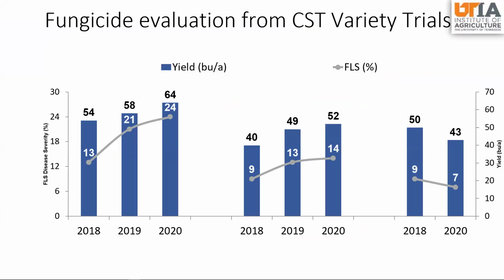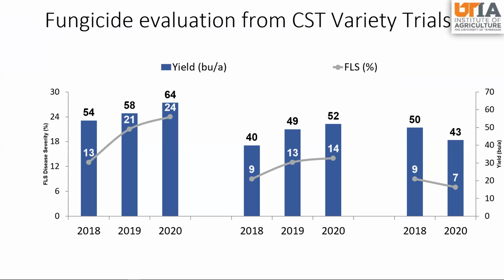So I want to show you a little data here to illustrate that when I see a significant response to a fungicide due to disease, it goes hand in hand with fields that have higher yield potential. This is data from 3 different locations across 3 different years.